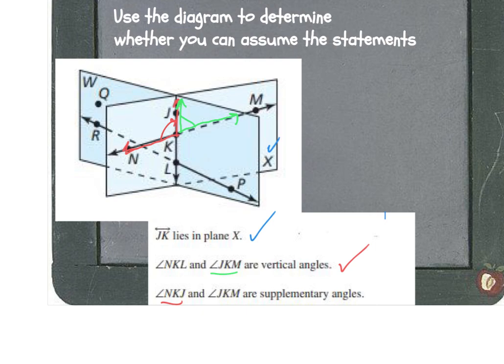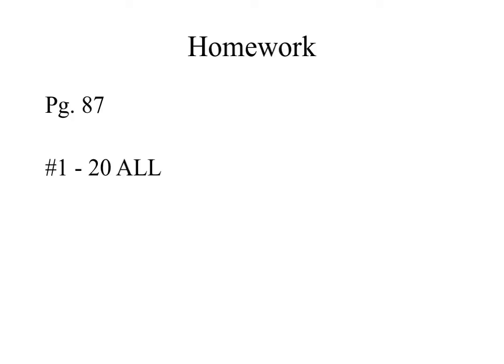That one is also correct, because if you added these together, they would give you 180 because they form a line, which is the line NM. Okay, so this one's correct as well. So the only one we could not assume.